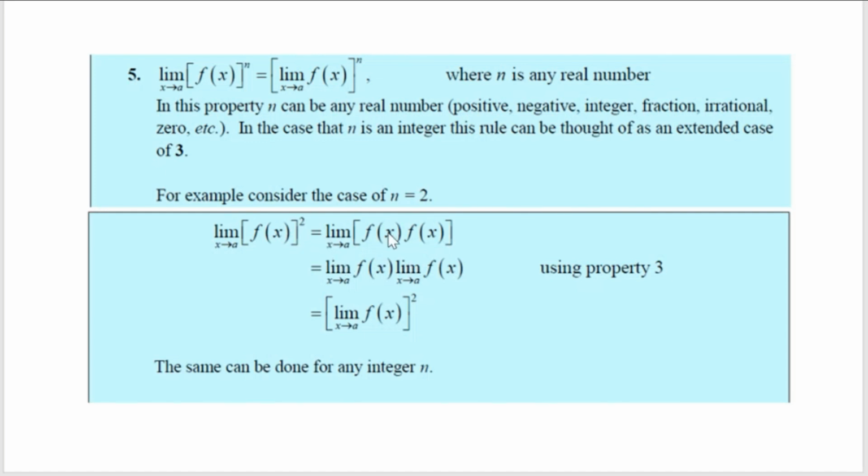Therefore, the limit of f of x times f of x as x approaches a. So the exponential form is the short method, and this one is the expanded form.